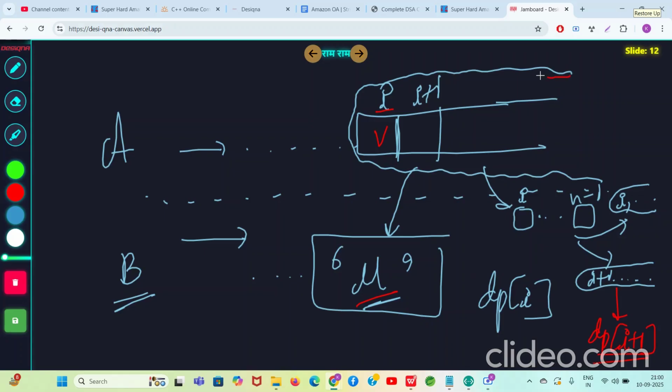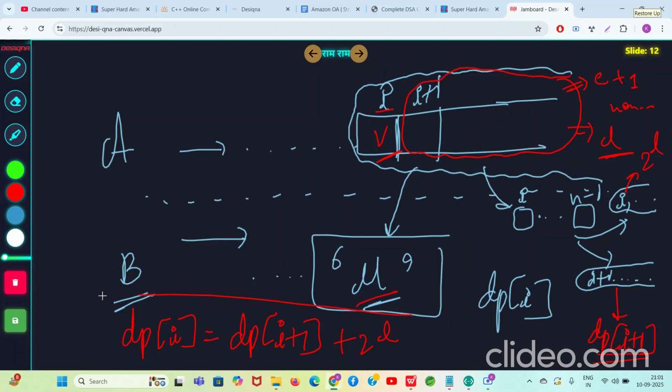It means for all the characters after v, you can take all the subsequences, empty plus non-empty, and join it with v, and still it will be greater than u, right? So let's call the number of characters after v as L. So 2 raised to L. So the formula is dp of I is equal to dp of I plus 1 plus 2 raised to L. That's it.